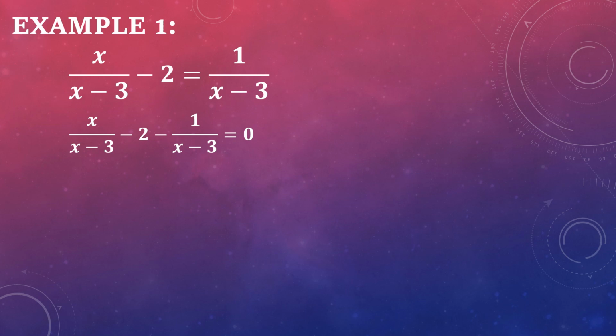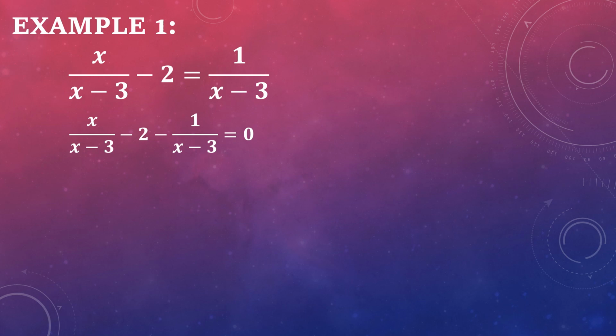Then we now get the LCD. Take note, you notice that our denominators are the same, x minus 3 and x minus 3. Our LCD then is x minus 3. How will we use the LCD? LCD divided by the denominator times the numerator. Okay, so let's have the first expression. LCD x minus 3 divided by x minus 3 times the numerator x is x, minus our second expression is a whole number.